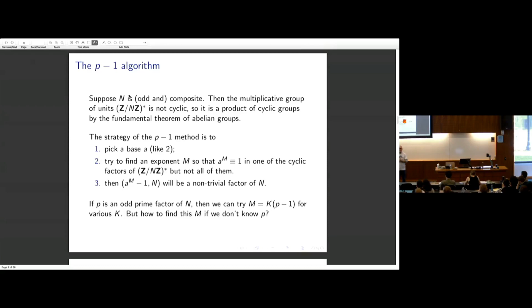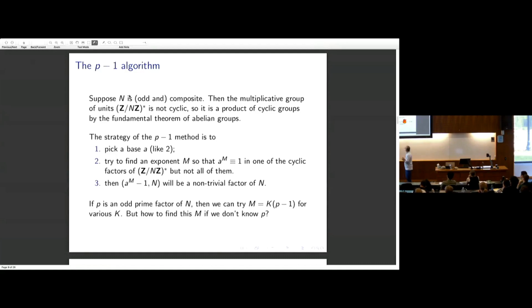So, for example, if n were p times q, and we raised a to the p minus first power, that's going to be congruent to 1 mod p, but unless something weird has happened, not mod q. So when we take a to the p minus 1 and subtract 1 from it, it's divisible by p, but not by q. And now we take the greatest common divisor with n, and we find p.